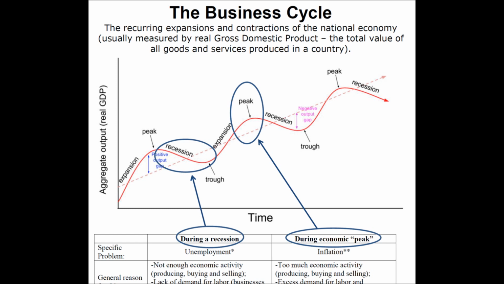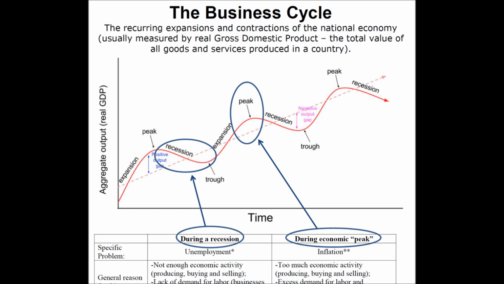And basically, at the peak, businesses decide independently, but it happens to lots of businesses at the same time across the economy, and they start laying off workers. And that is kind of a vicious cycle, because when you lay off a worker, then they don't have paychecks, they can't spend their money, and that hurts businesses and other workers and other businesses, and it sort of feeds on itself.